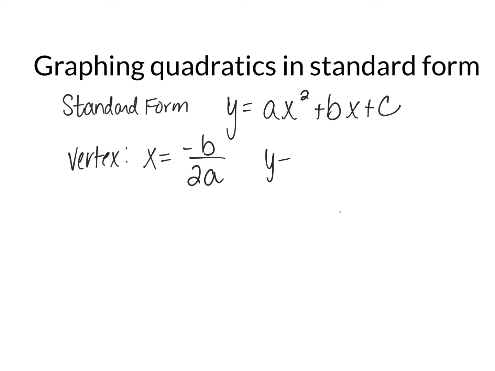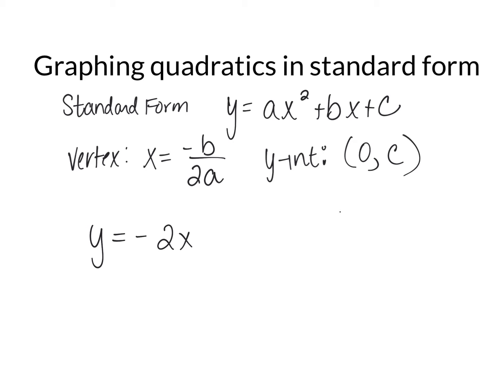So my y-intercept is given to me: 0, comma, c. The x value is always 0 for a y-intercept.